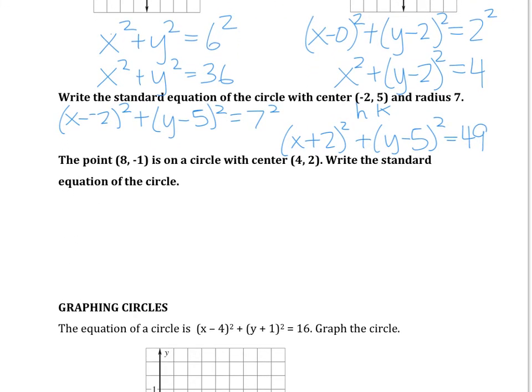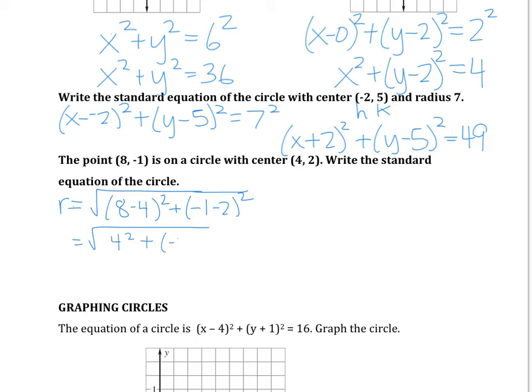And then when we have a point on a circle and a center, to find the radius, we need to use our distance formula. So the radius is going to equal, using your distance formula, the difference between the x's squared plus the difference between the y's squared. 8 minus 4 is 4. Negative 1 minus negative 2.